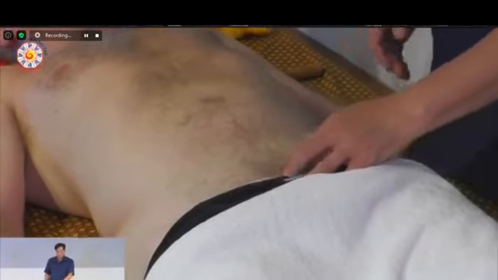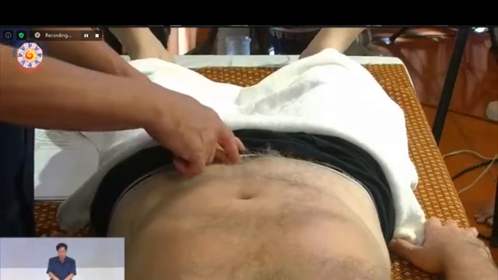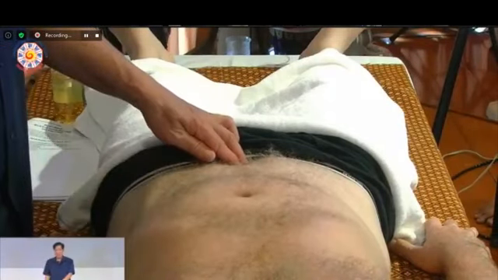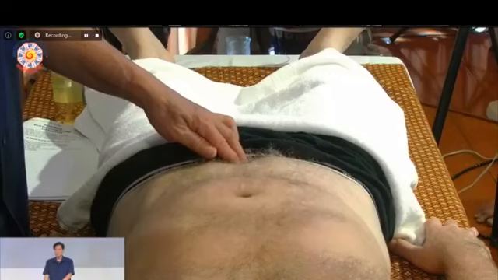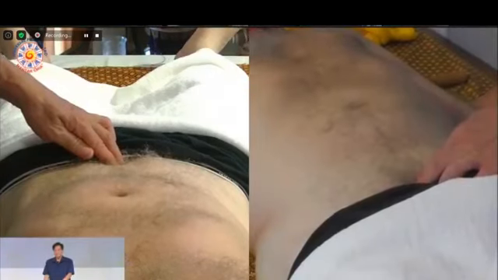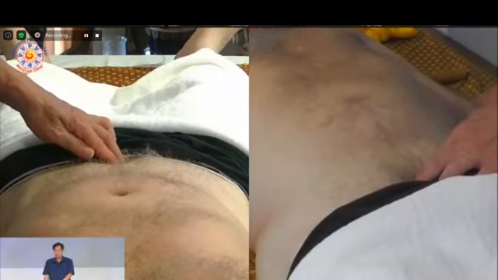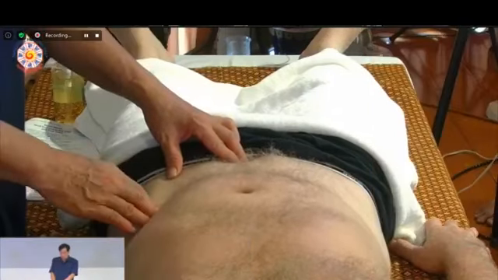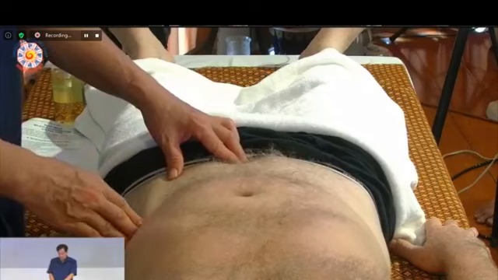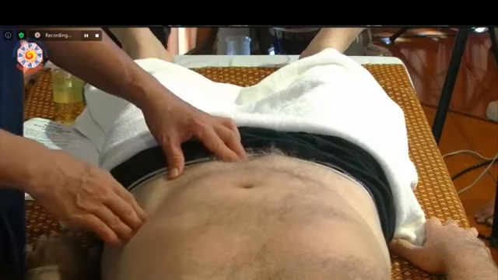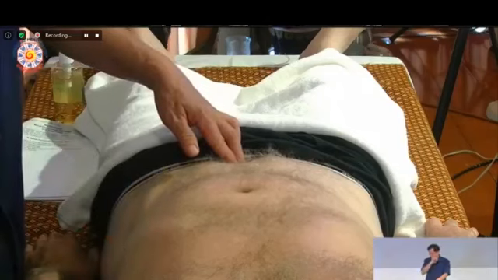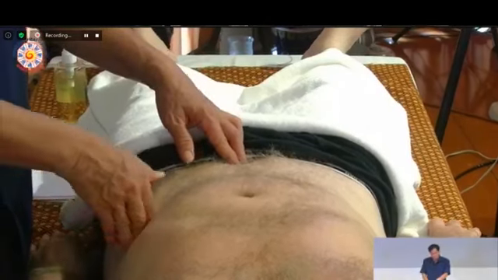So you make sure that the navel and the pubic bone are aligned, and that it is in the center. So when you touch the hip bone, you break in the middle.